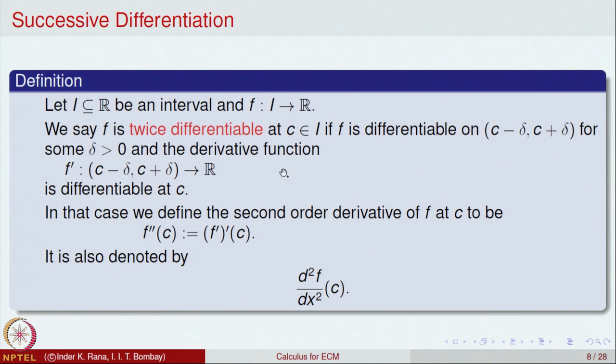In some sense it is the derivative of the derivative function, but keep in mind that to define that, it is necessary that f is differentiable in an open neighborhood, only then will that make sense.